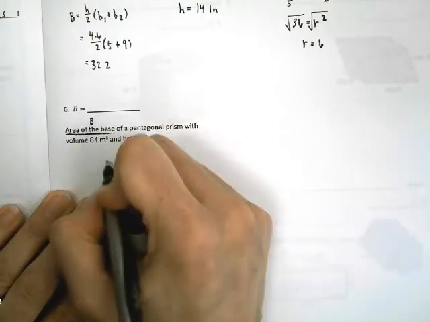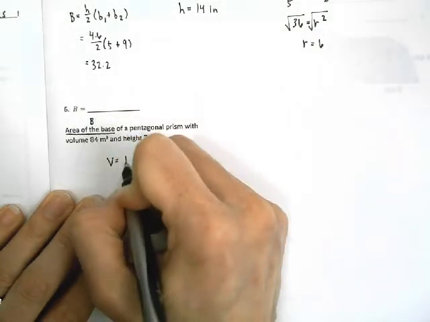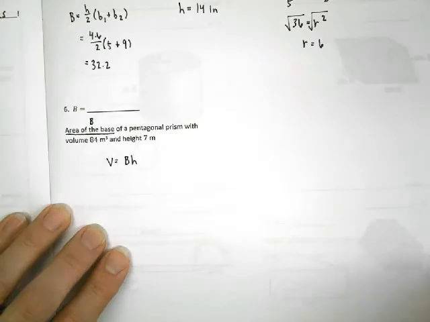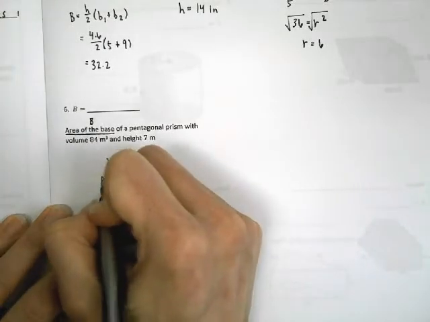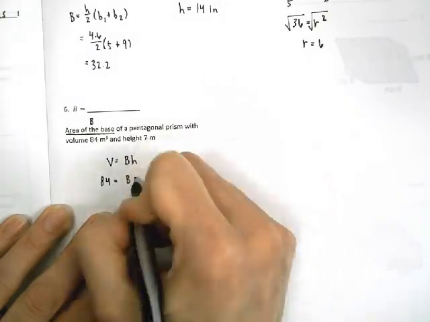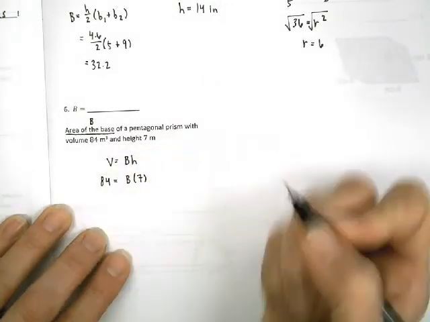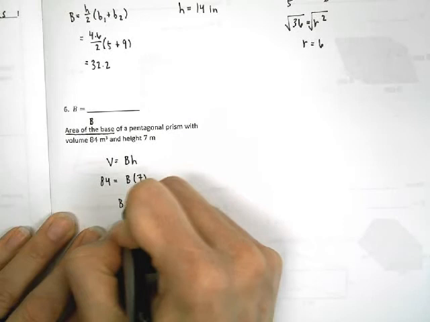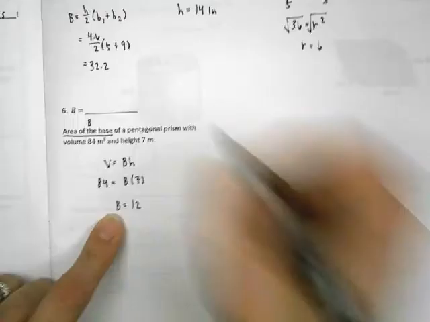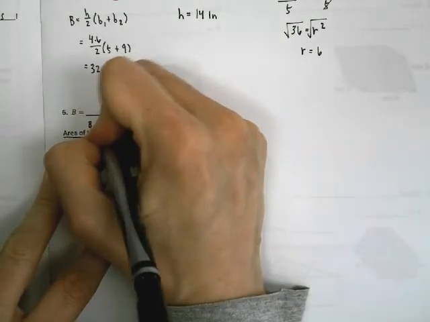So I know the volume of my prism is going to be the area of the base times the height. So the volume is given to me as 84. I'm trying to find the area of the base, and I know that height is 7. So all I need to do here is divide 84 by 7 to get 12. That's all we need to do.